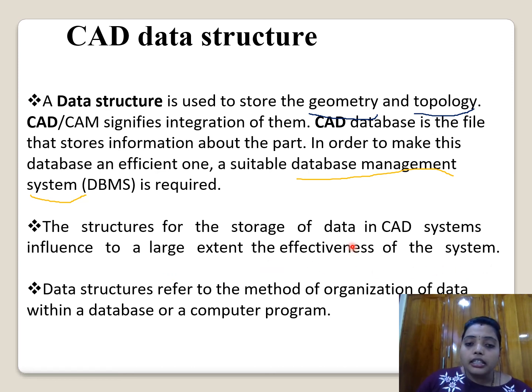In CAD, the database management system also has different types of structures, known as data structures. Those are of different types, and we will learn them one by one later.